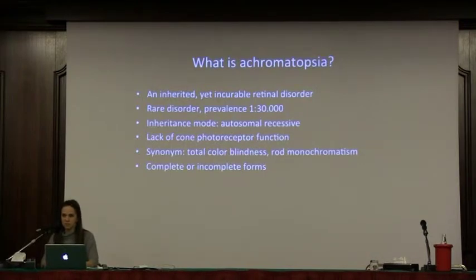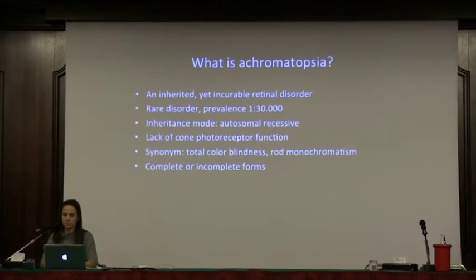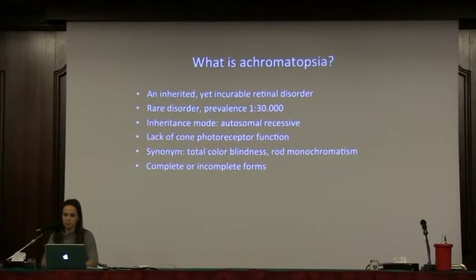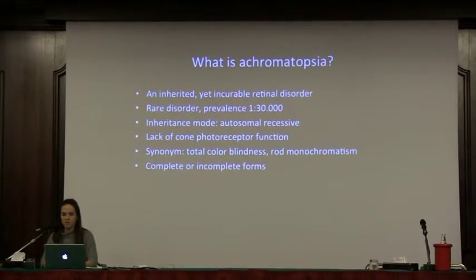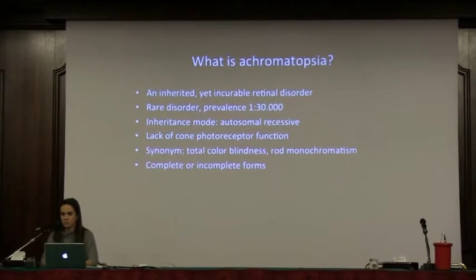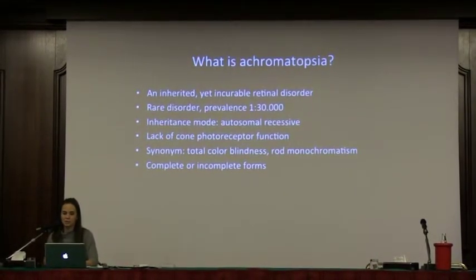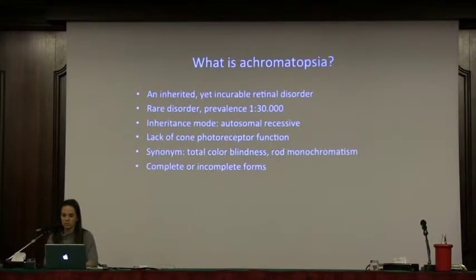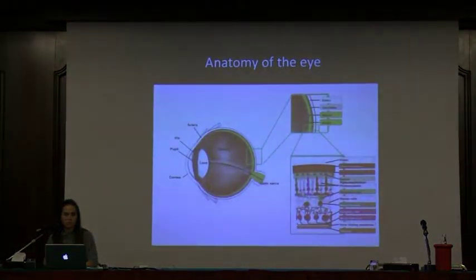But as Susanne Kohl has already mentioned, during the years we do see a very slow degeneration and a loss of these cone photoreceptors. The achromatopsia disease can also be called total color blindness or monochromatism. This is what we've already discussed today, and complete or incomplete forms occur.